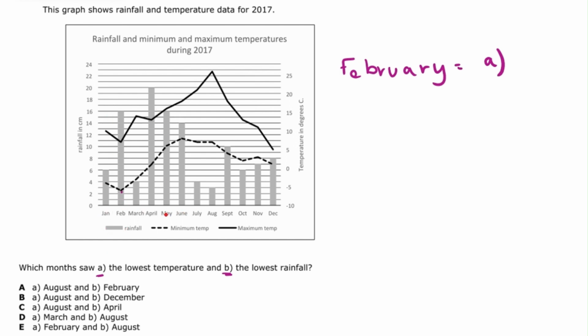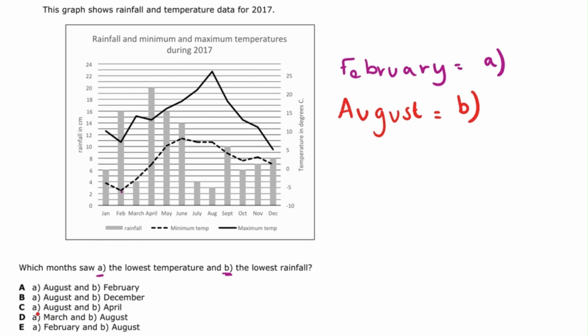Which one is the lowest? We can see that out of all of these, this one is the smallest, and it's pointing to August. So we know August is equals to B.